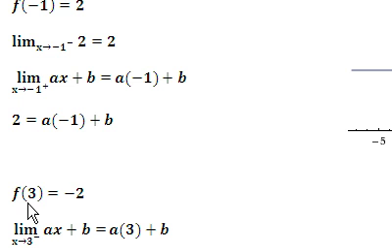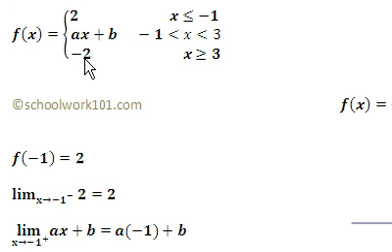And so we go to f of 3, and that's equal to -2. If we look up here, because this says x is greater than or equal to 3, we use this one here, and it's -2.